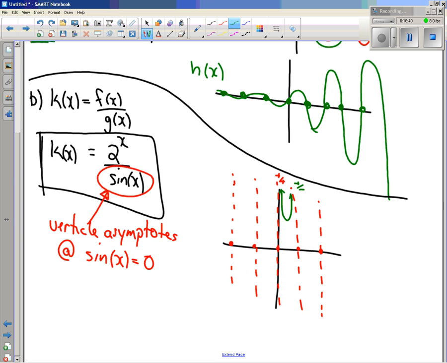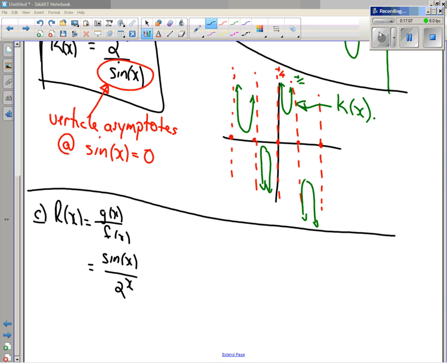And because 2 to the power x is getting bigger, this one's just going to open down from farther from the x-axis. Okay. And we're going to get the same thing going to the left, but the farther it goes to the left, the closer it gets to the x-axis. And that's just because of 2 to the power x getting smaller.